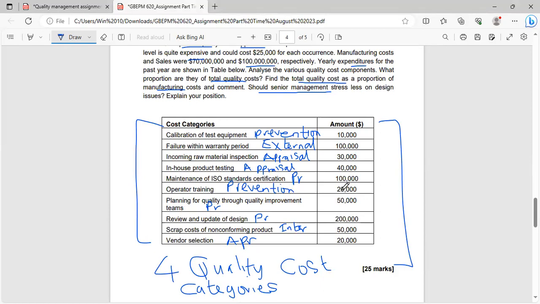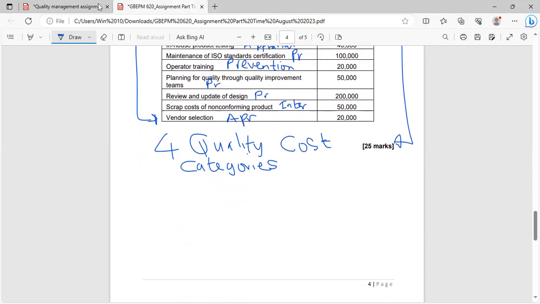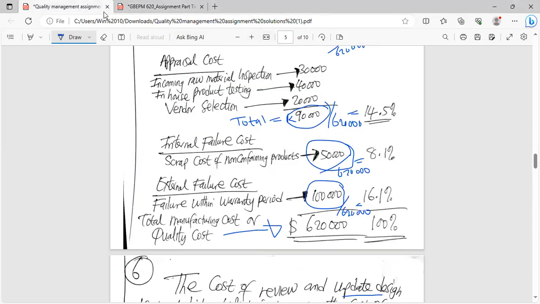All right, so this is concerning these costs, the four quality cost categories. So this is how the breakdown came to this one.